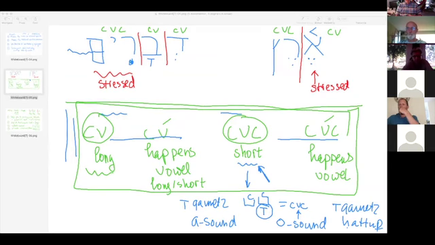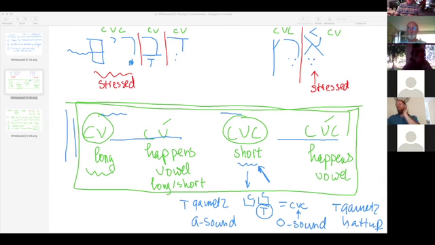When you have a CVC syllable over here, and it's unaccented, then you know it's short. The kametz is a long vowel. It's on the upper level of this chart, remember? And the kametz chatuf is a short vowel. It's on the lower side of the chart.